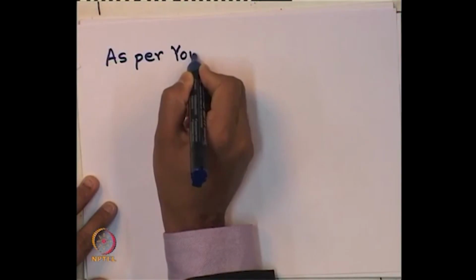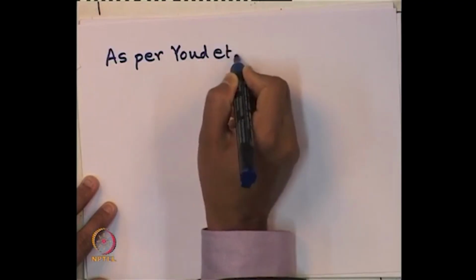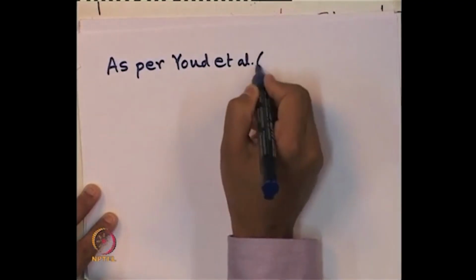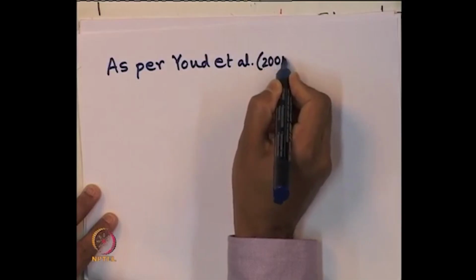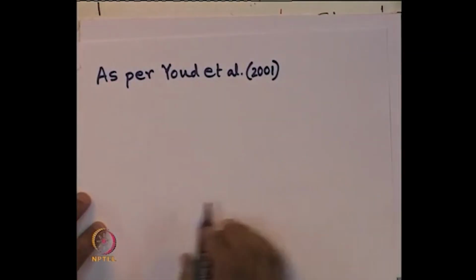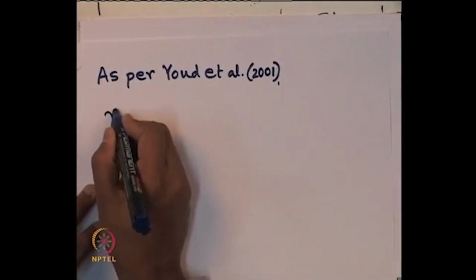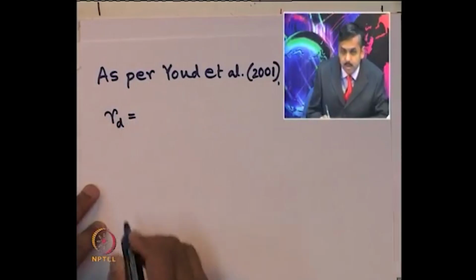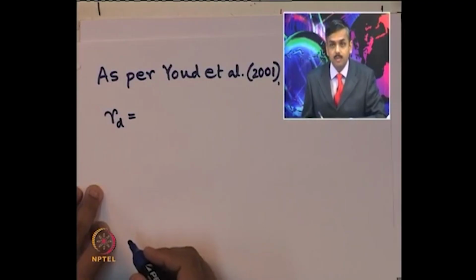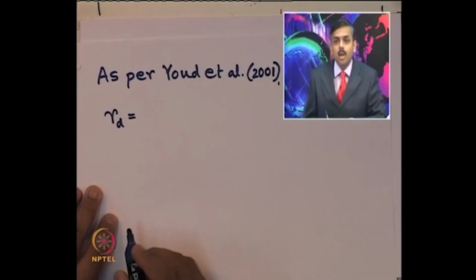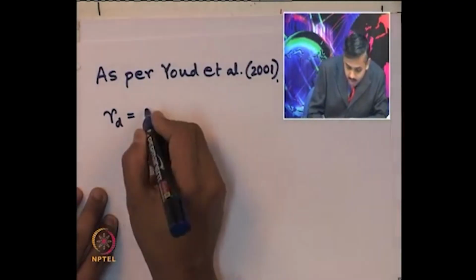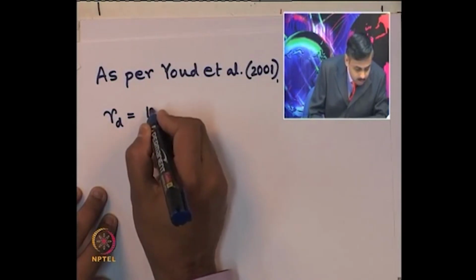So, as per the paper of Yude et al. 2001, which we have described in detail and discussed for liquefaction computation, the R d parameter, due to the flexibility of the soil which needs to be considered, is expressed for 10 meter depth.